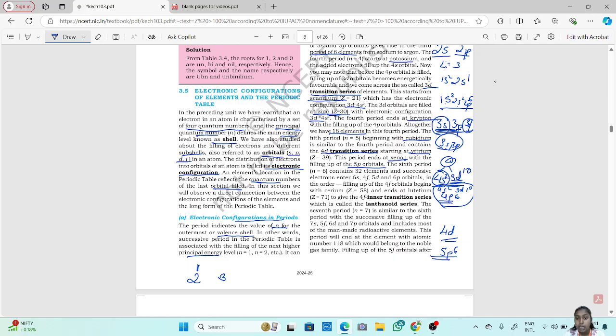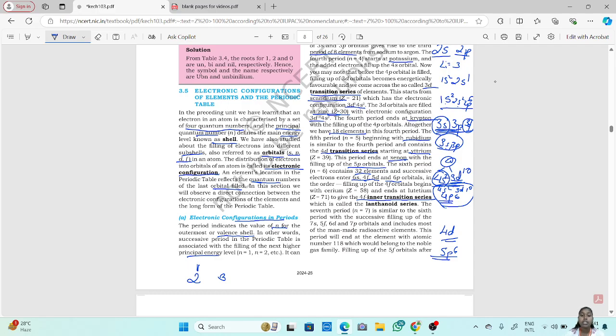Okay, now again sixth period, it contains 32 elements, and successive electrons enter 6s, 4f, 5d and 6p orbitals in order, filling up of the 4f orbitals beginning with cerium and ending at lutetium to give you the 4f inner transition series.